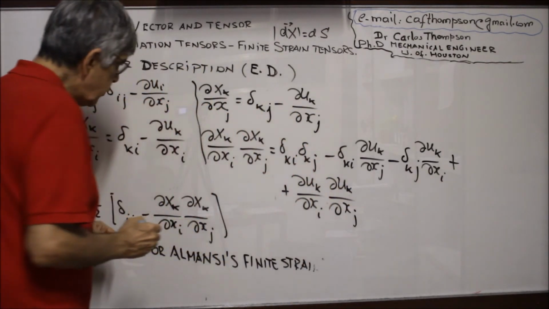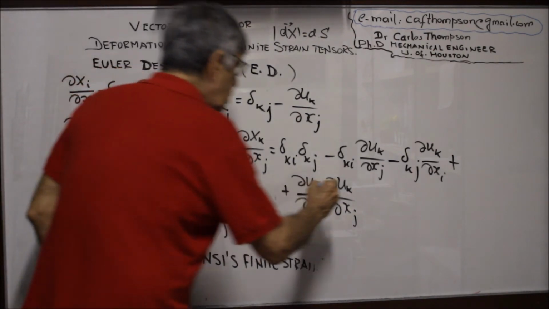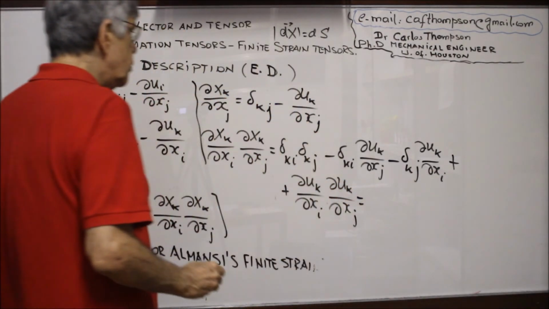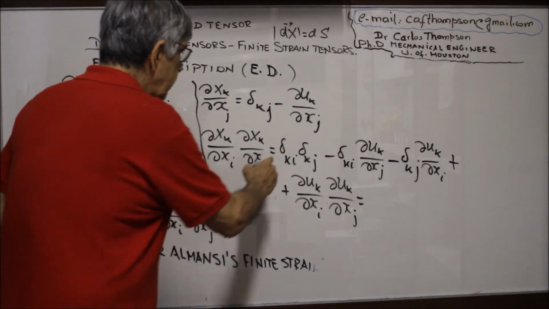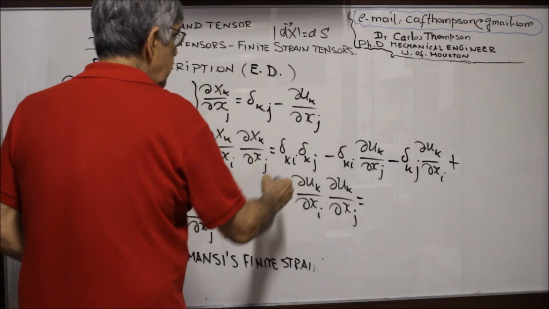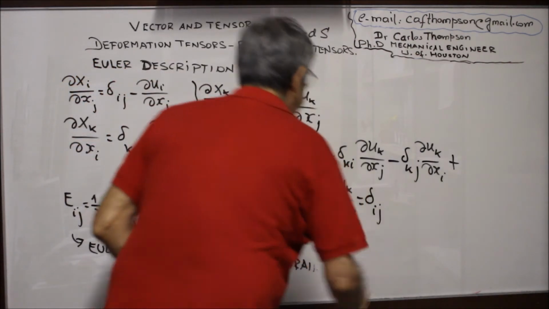You see, we are developing this term over here. So let's use the Kronecker delta property. You see, delta ki, delta kj, so this will be delta ij.